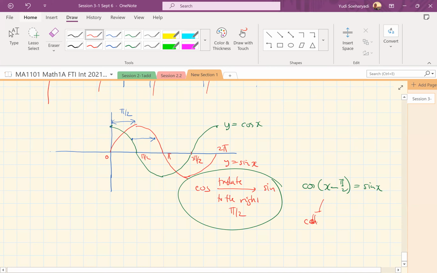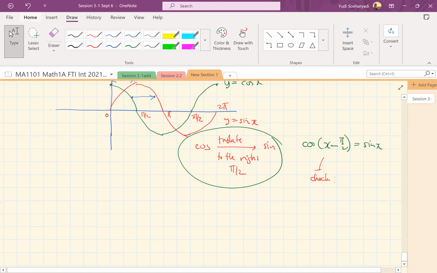Cosine of x minus pi over 2 equals cosine x times cosine of negative pi over 2 minus sine x times sine of negative pi over 2.